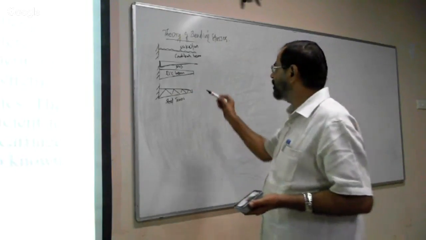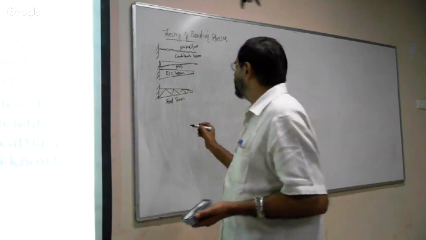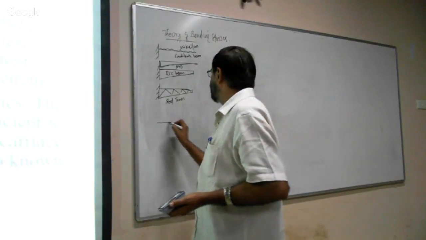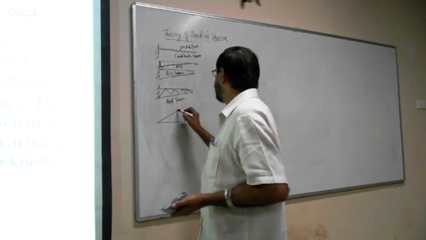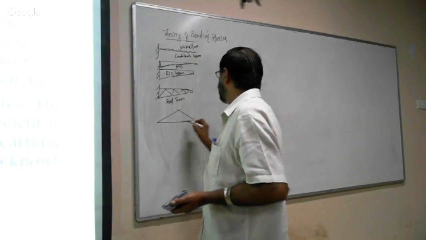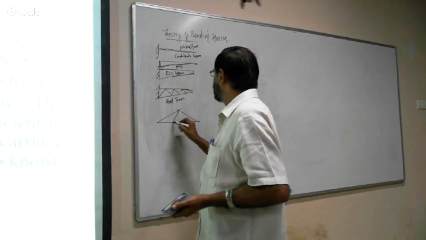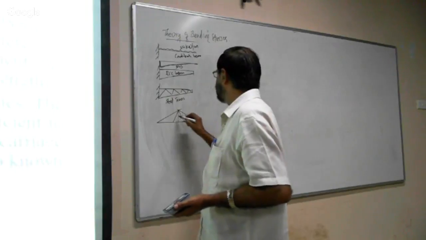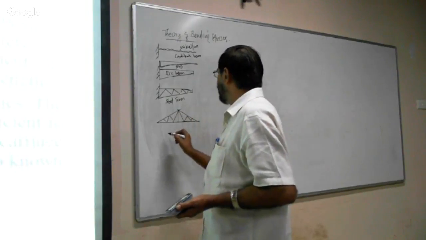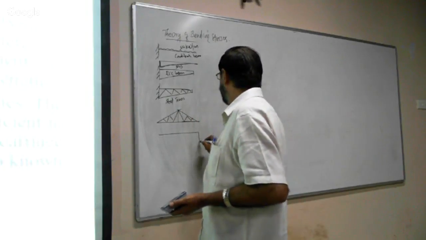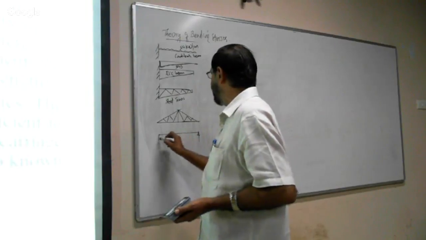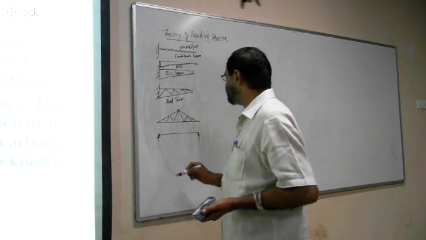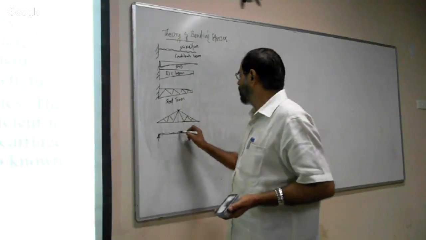So this is called a beam of uniform strength, isn't it? Beam of uniform strength. Now, if you see an industrial shed, the shed will be like this, and normally we will design the truss like this. Again, suppose you draw a simply supported beam, loaded like this.